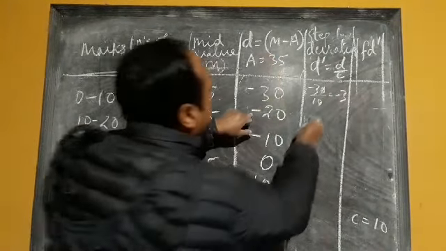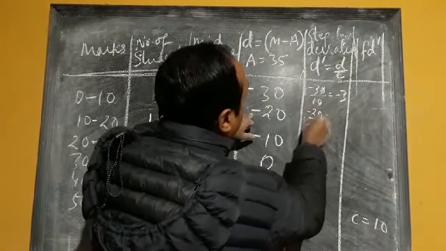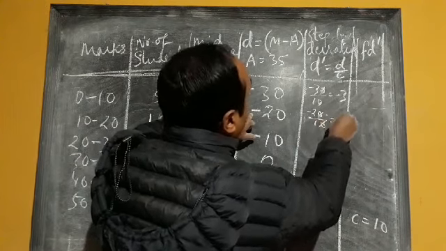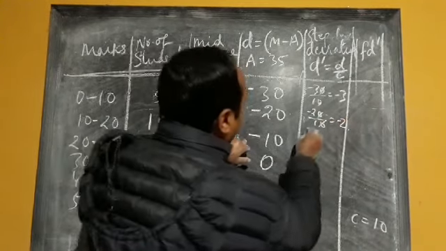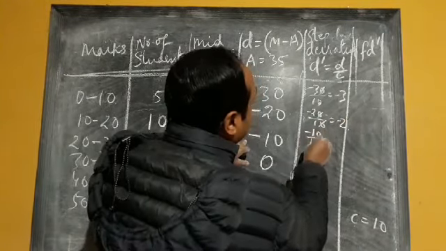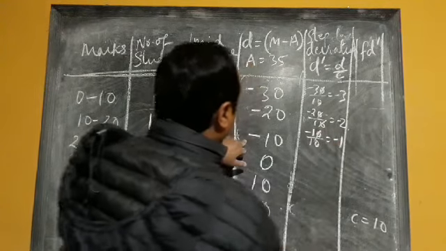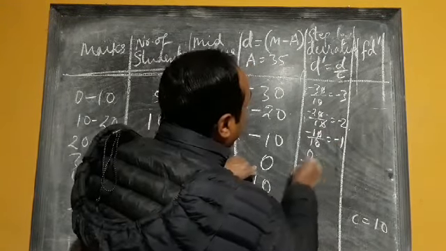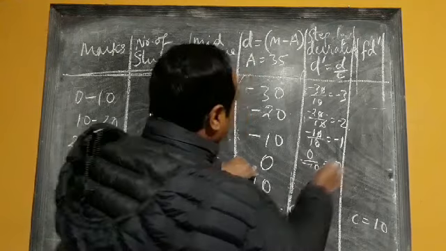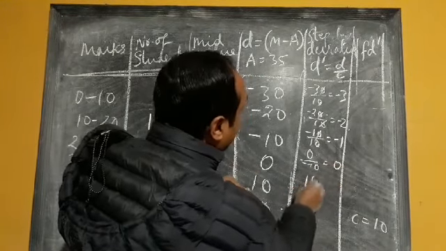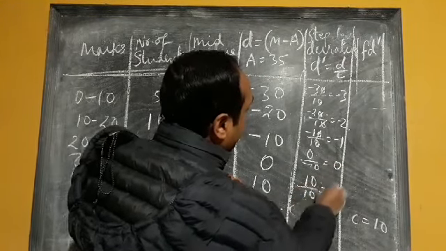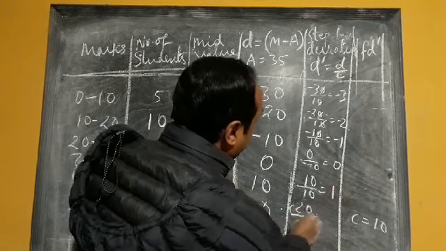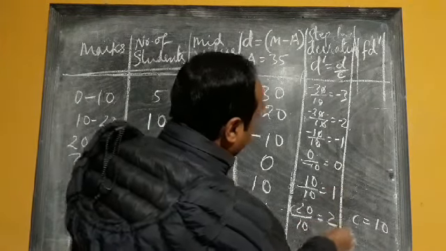Next, minus 20 divided by 10 is minus 2. Minus 10 divided by 10 is minus 1. 0 divided by 10 is 0. Then 10 divided by 10 is 1, and 20 divided by 10 is 2.